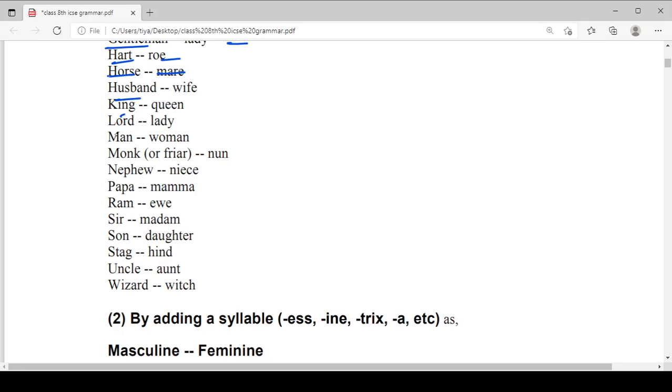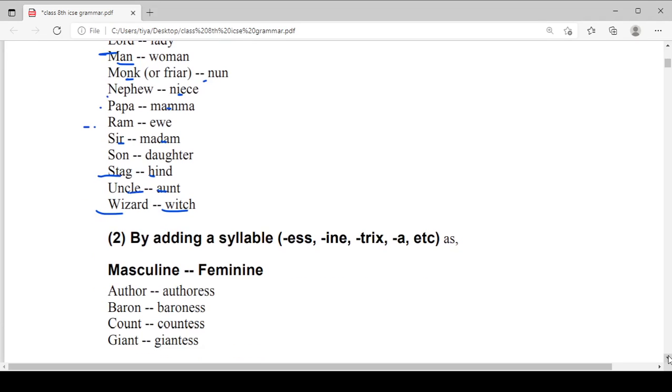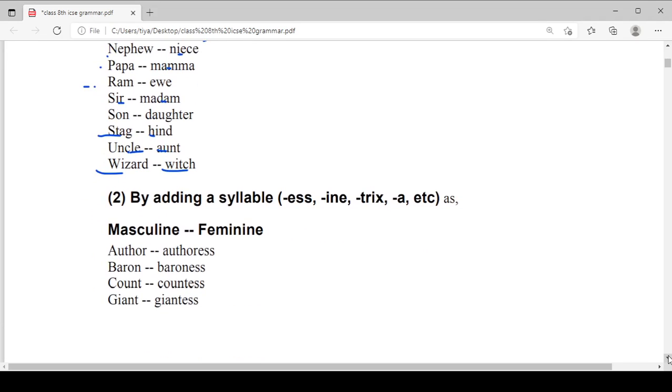Husband, wife; king, queen; lord, lady; man, woman; monk, nun; nephew, niece; papa, mama; ram, ewe; brother, sister; sir, madam; son, daughter; stag, hind; uncle, aunt; wizard, witch. The list can be so long, but here we have taken some examples.